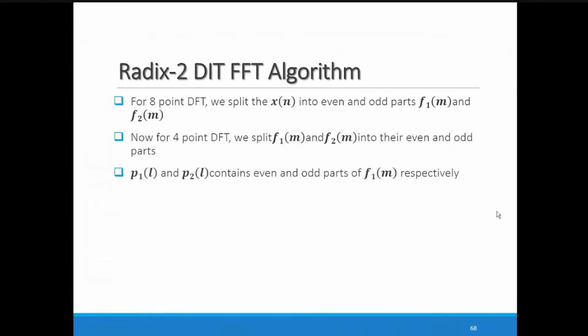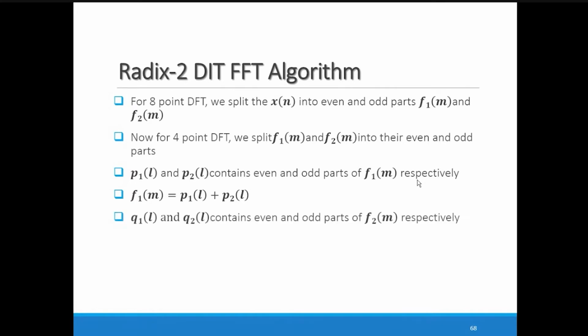We get p1l and p2l, which contain the even and odd parts of f1m, so f1m is equal to p1l plus p2l. Similarly, q1l and q2l contain the even and odd parts of f2m respectively, so f2m is represented as q1l plus q2l.